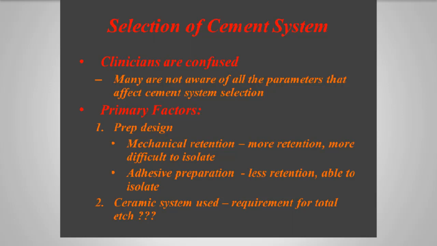Which ceramic systems require total etch? Well, feldspathic has been conventionally or universally taught: these types of systems, such as porcelain veneers, feldspathic veneers, require total etch for proper placement.